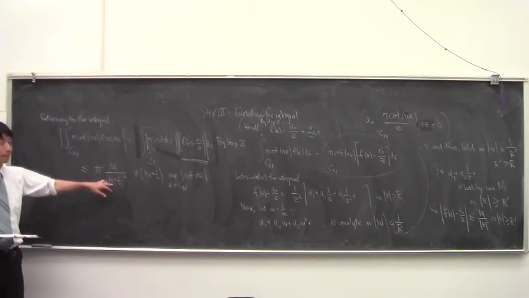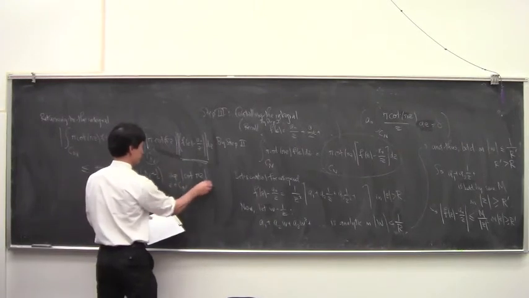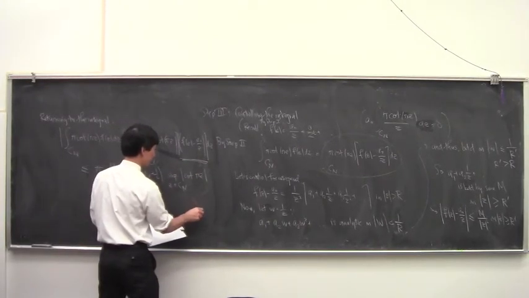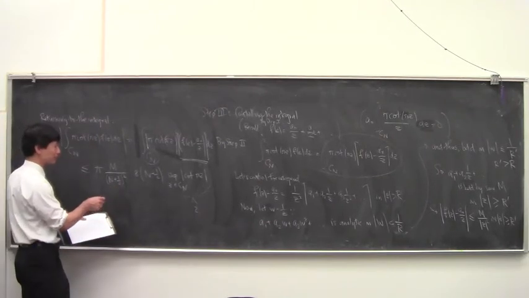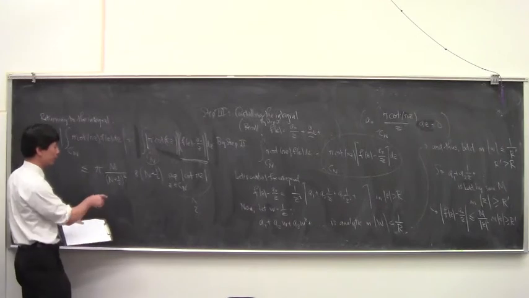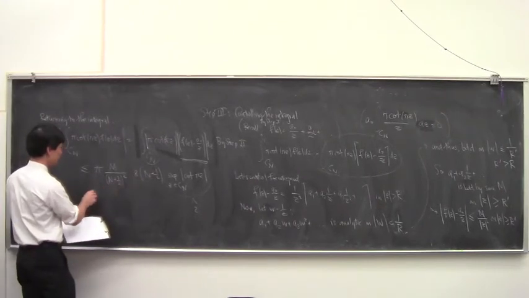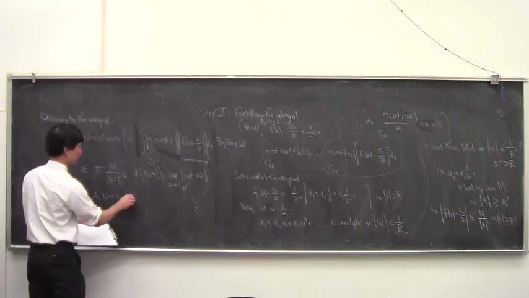Any questions? The book leaves as an exercise, and I will too, to see that this is bounded by 2. They give some hint as to how to do it. Then as n goes to infinity, this goes to 0.